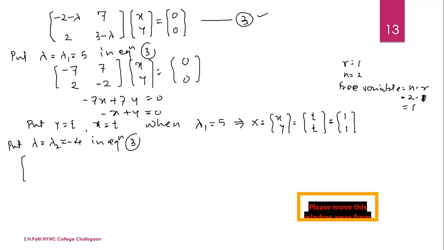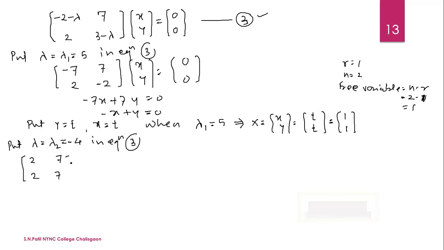Then we get here -4, and when we put here -4, minus minus plus, -2 plus 4, that is +2, and +4, 3 plus 4, that is 7. x comma y is equal to 0, 0.